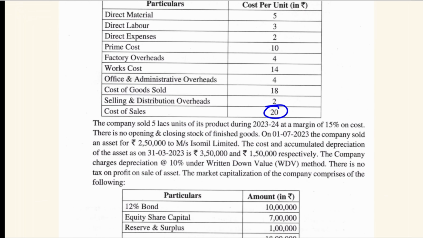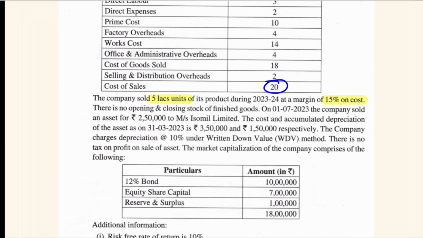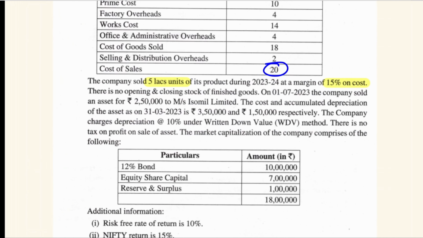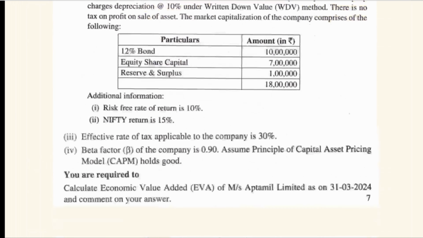The company sold 5 lakh units of its product during 23-24 at a margin of 15% of cost. So with this, we can calculate what is total cost, and 15% of cost is the profit. So 20 into 5 lakh, I will get the total cost.